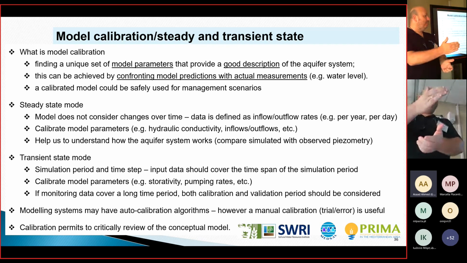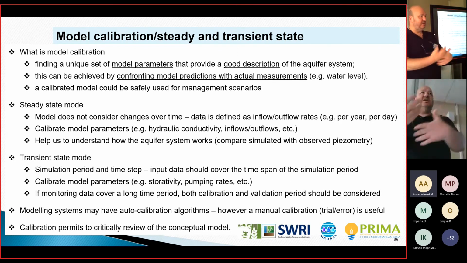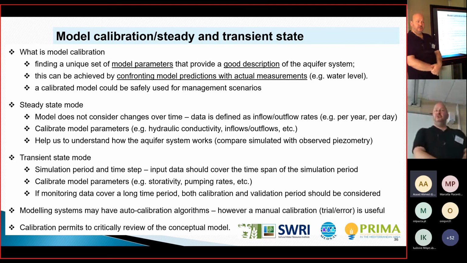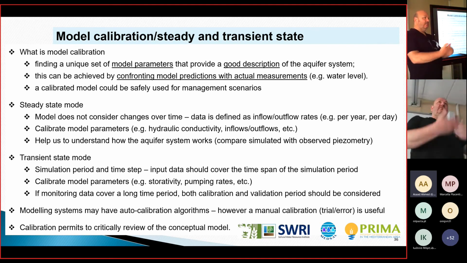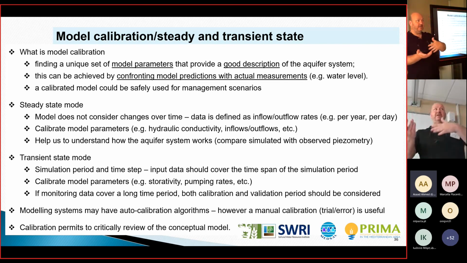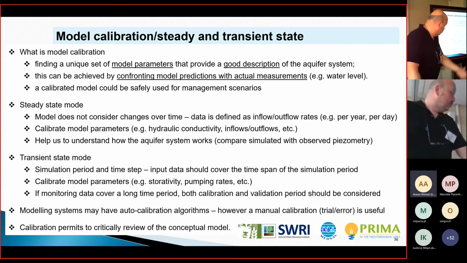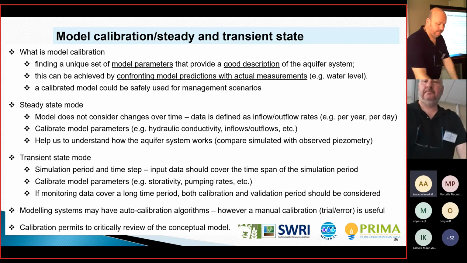For example, a lateral inflow of water was overestimated during the initial estimations of the groundwater model. And running, for example, a steady state, we can see this very quickly, if something was underestimated or overestimated during the conceptual model.